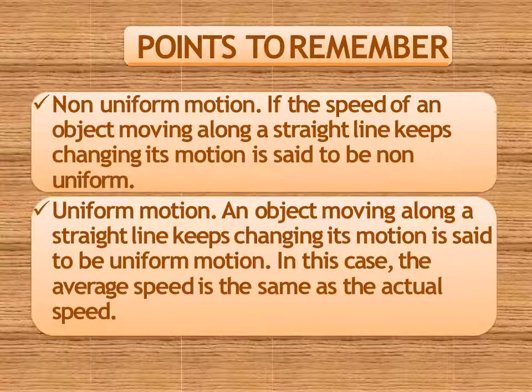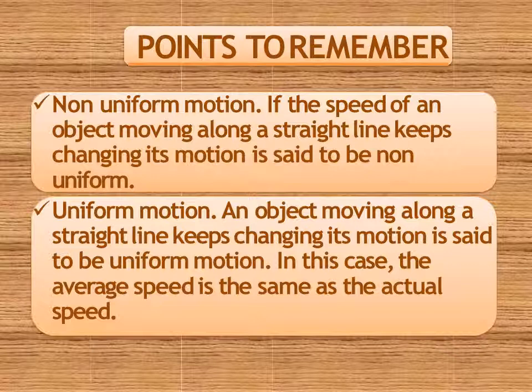Then let's move towards different types of motion. We have two types of motion of a moving object: non-uniform motion and uniform motion. If the speed of a moving object along a straight line keeps changing, it is said to be non-uniform motion.